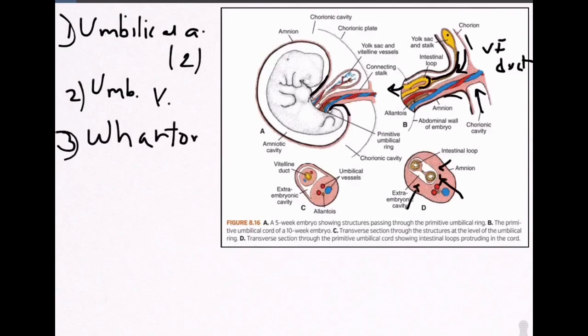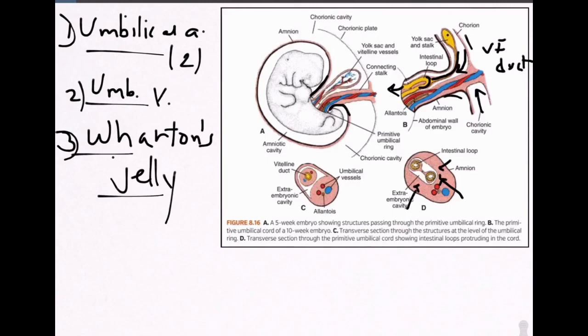It's like mucoid connective tissue, and it just acts as a protective covering for the umbilical vessels. All right. So at term, the contents of the umbilical cord are the two umbilical arteries, the umbilical vein, and the Wharton's jelly. Everything else that I discussed before is something that you don't need to know in detail right now, but they are a part of the primitive umbilical cord.